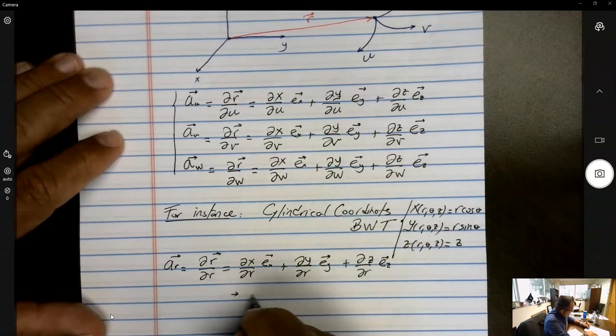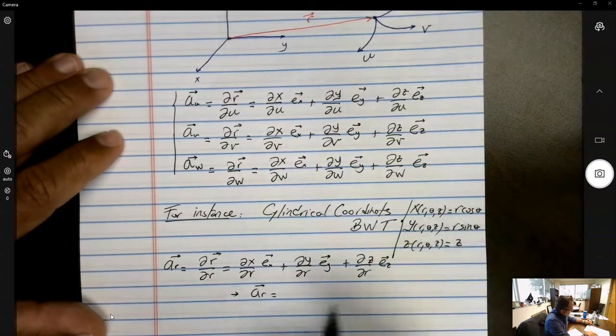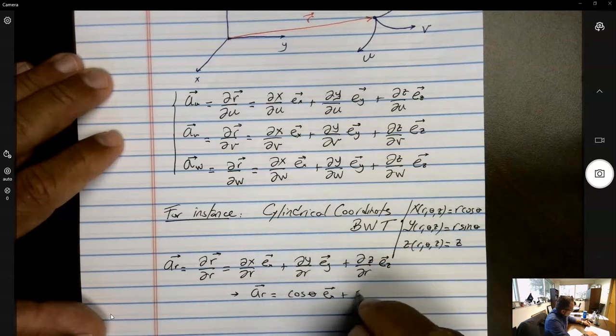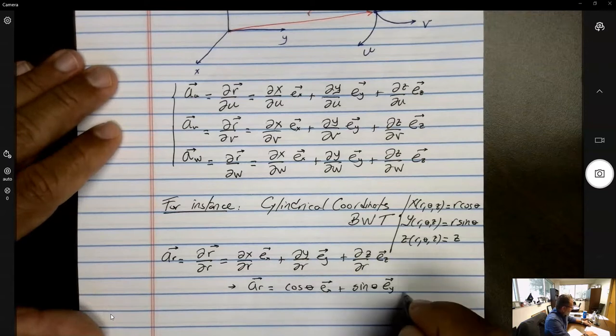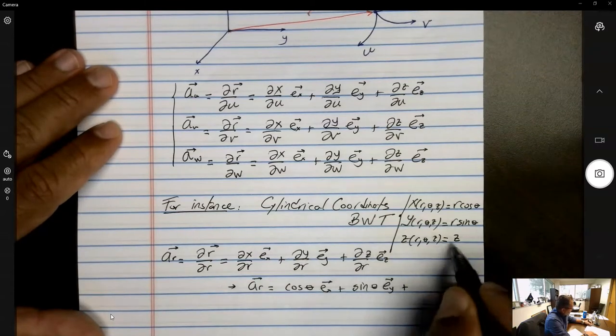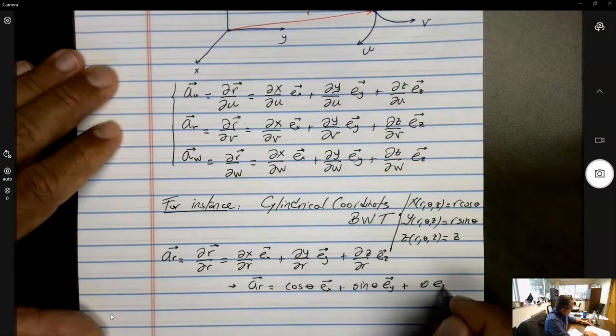So that would be AR. So the x with respect to r is equal to the cosine of theta in the x direction. The y with respect to r would be the sine of theta in the y direction. And the z with respect to r is 0 in the z direction.